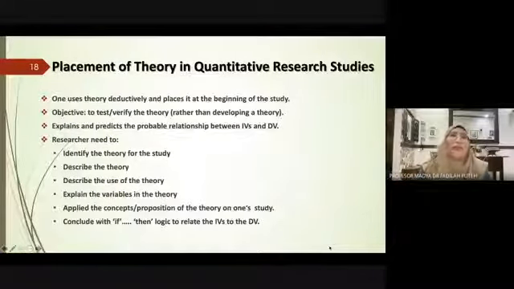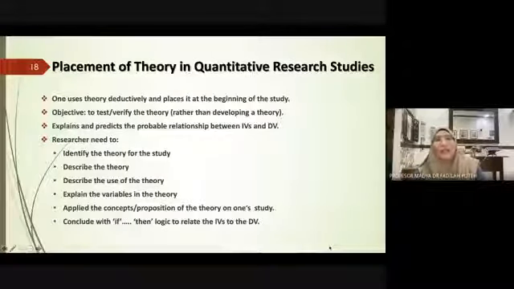And then you have to discuss the theory. When you discuss the theory, you have to dig into the origin of the theory. For example, if your study uses Frederick Herzberg's theory, you need to get, if possible, the theory written by him.